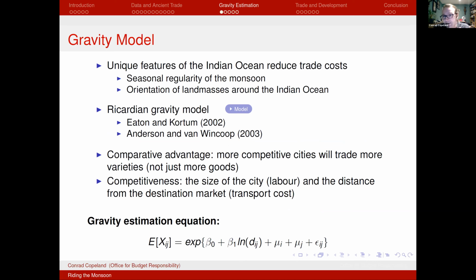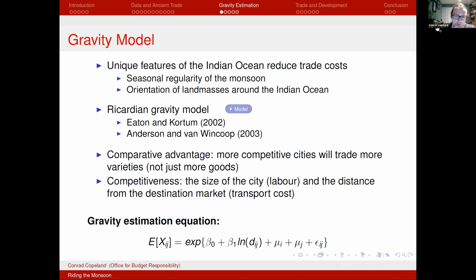Primarily, it's consistent with the data that I have, in the sense that because I can only measure the number of goods that are traded between two cities, the Ricardian idea that more competitive cities will trade more varieties between each other fits with that element of the data, and so it makes it more consistent with the idea that we're measuring on the extensive margin. And then it builds in the size of the city and the distance from the destination impacts this competitiveness, so a standard gravity assumption.